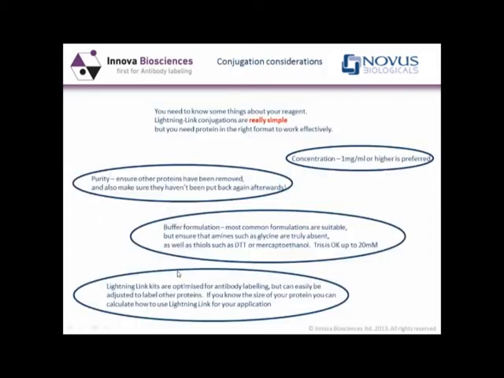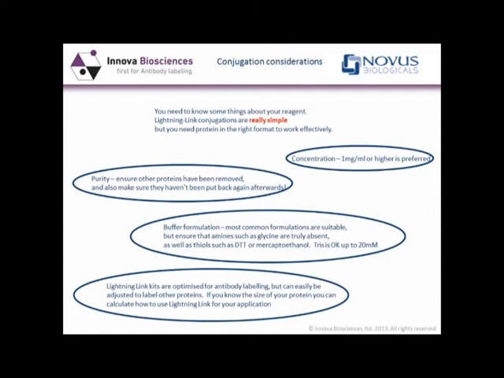If you're looking to use Lightning Link to prepare reagents for FRET, there are just a few things that you need to know. Lightning Link conjugations themselves, as I mentioned, are very simple indeed, but it's best to have the protein in the right format for the conjugation to work effectively. The format really needs to be a concentration of around about 1 milligram per mil, or preferably a little bit higher.